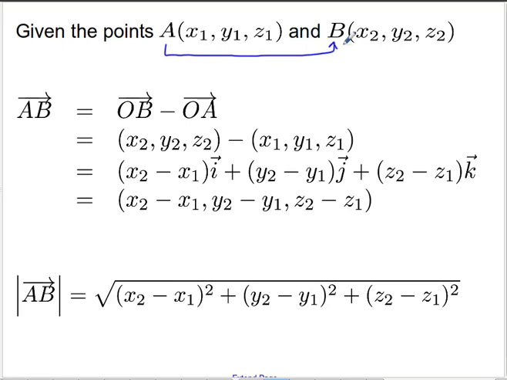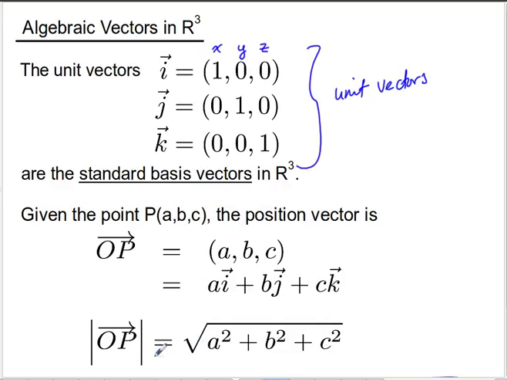So I start with the vector OB, and I subtract from that the vector OA. I can do that using the bracket notation, or using the direction vectors i, j, and k, but ultimately I will end up at this result: the second x coordinate minus the first, the second y coordinate minus the first, the second z coordinate minus the first.